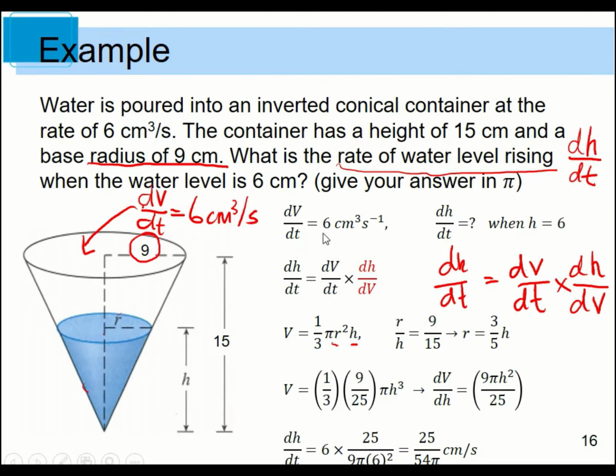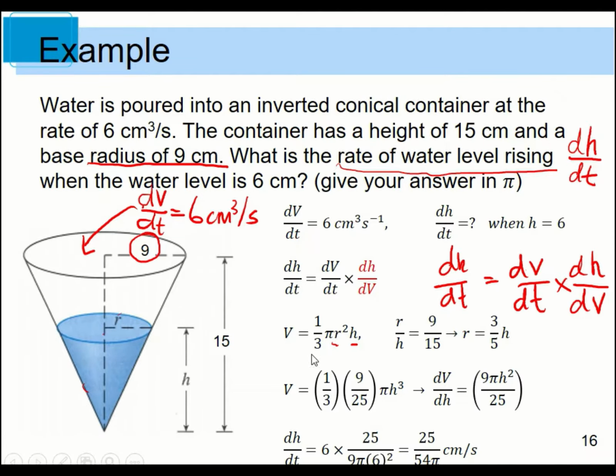To solve these questions, as a summary, first, draw the diagram to understand the problem better. Write down the given rate and the rate that we need to find. After that, identify the equation that relates the given one and the one we want to find.